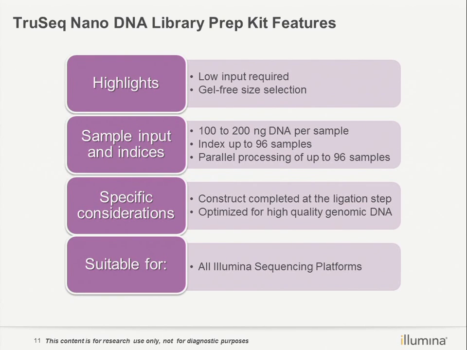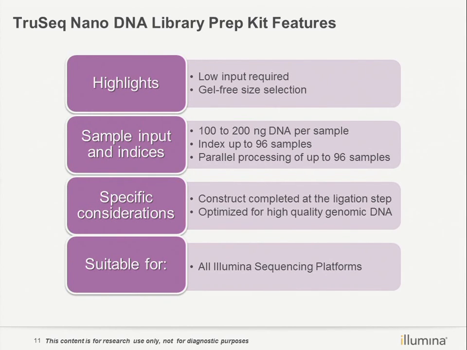In this kit, we use bead-based size exclusion, no longer using the gel. So it only requires small inputs. After the ligation of the 2 adapters, the library has already been constructed and is ready for sequencing. The TruSeq Nano and the TruSeq PCR-free have been optimized for high quality genomic DNA.